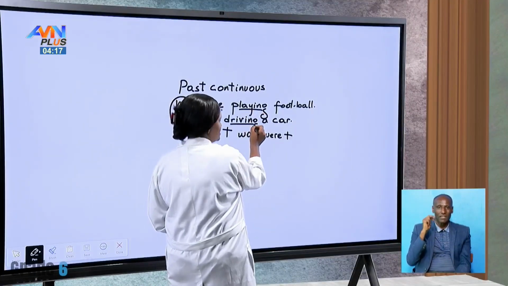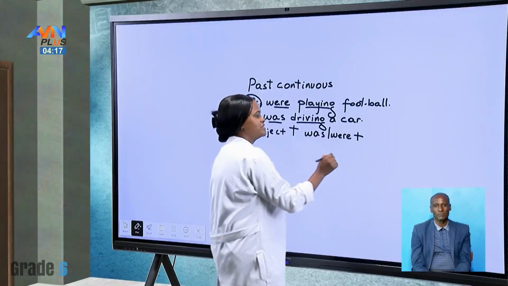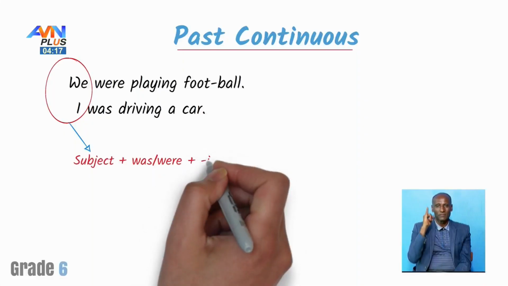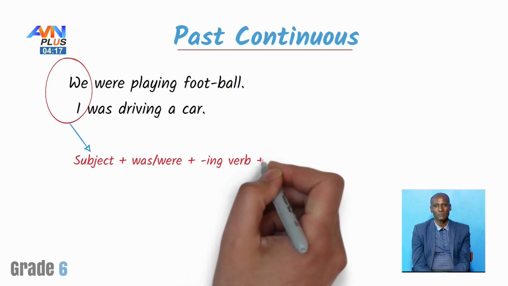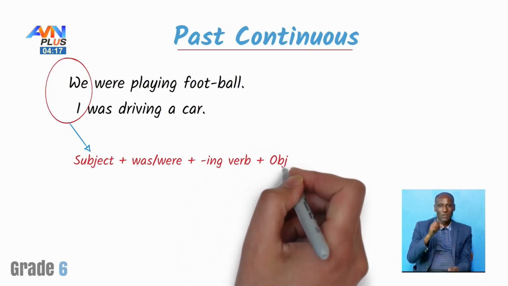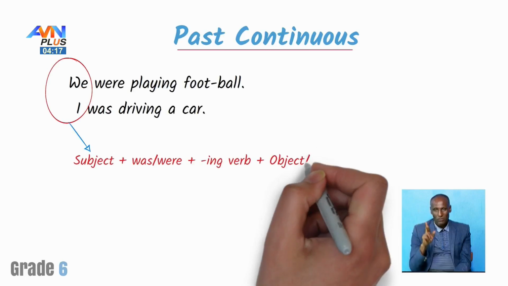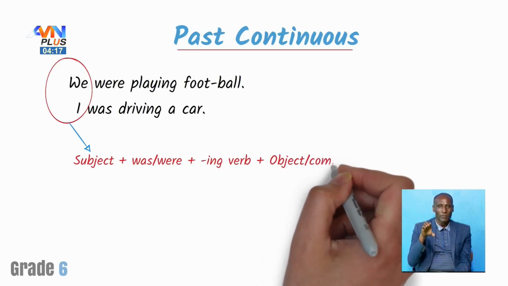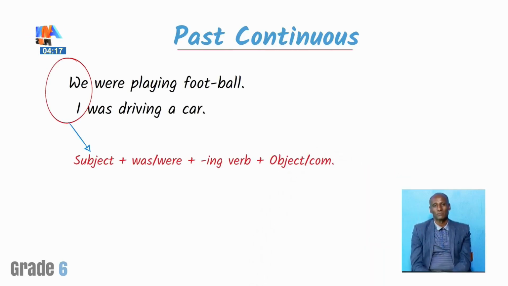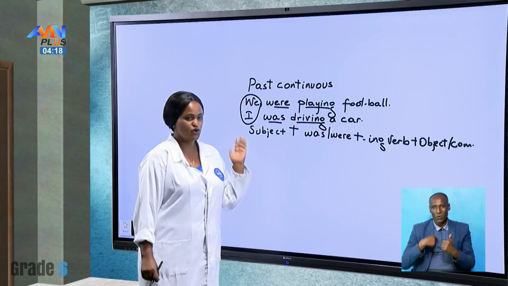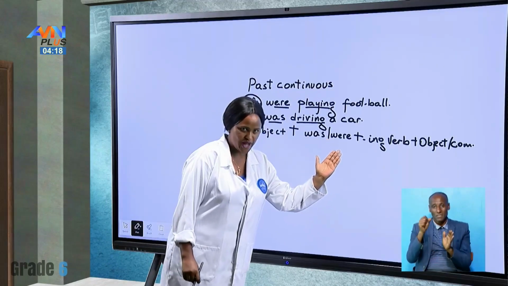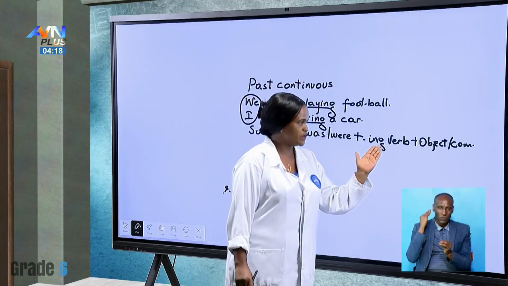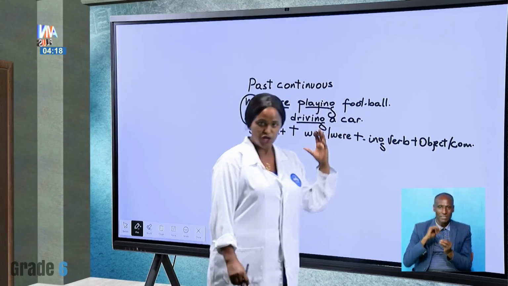Playing and driving. Right. The ing verb. Then plus object or complement. This is how we use the past continuous: subject plus was or were plus ing verb plus object or complement.